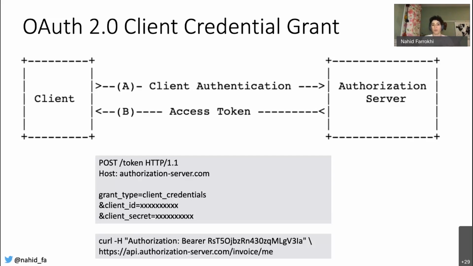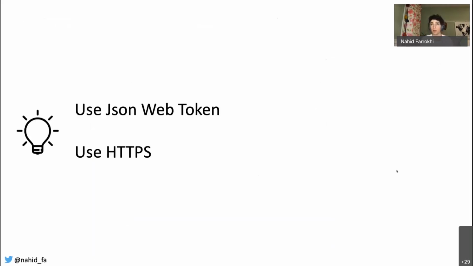For this grant as well, the access token can be any string, but the best practice is to use a JSON Web Token as well. Even if you do the call not on behalf of the user, you do it to the same API. If we use another access token type and not JWTs, then we need other code and infrastructure to be able to read that access token.